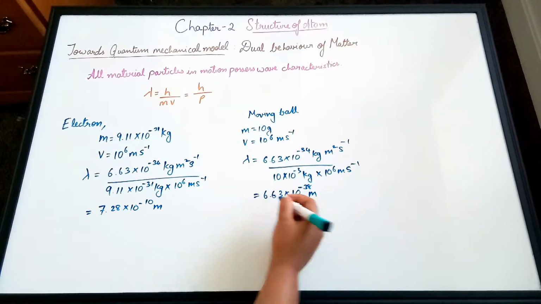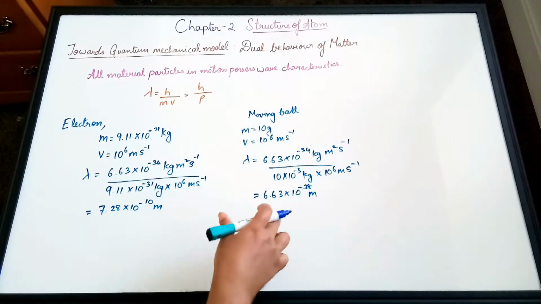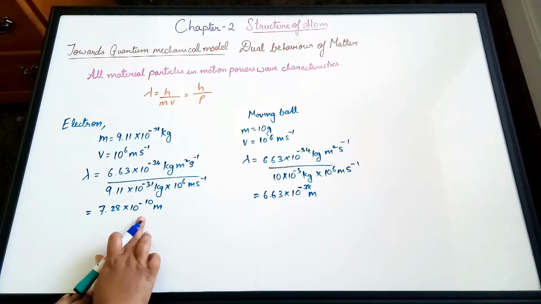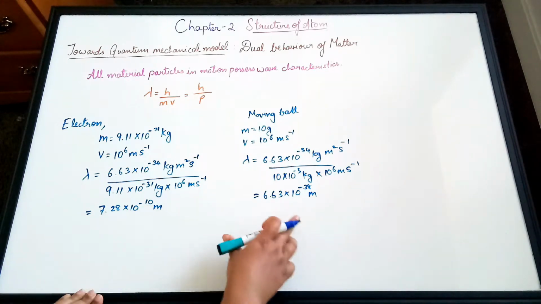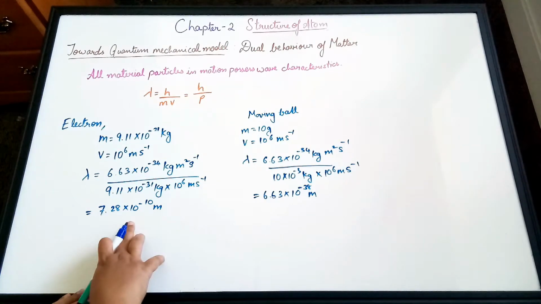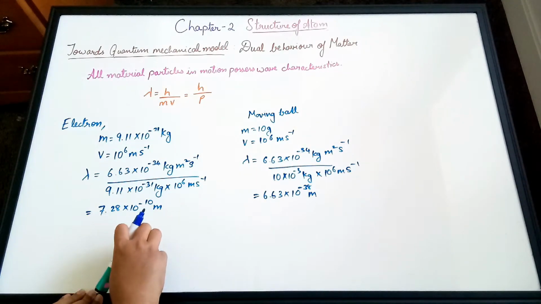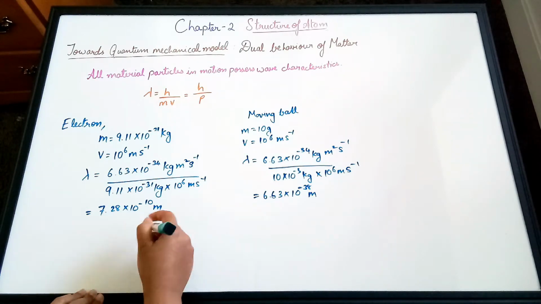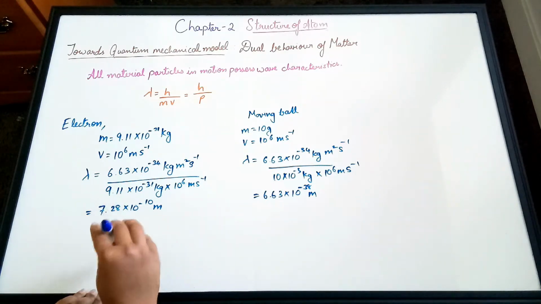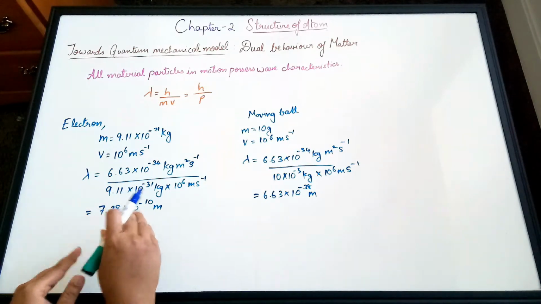Now, if you see the wavelength of this and this, this has 10 to the power minus 10, which is relatively higher than 10 to the power minus 38. Also, this particular value is actually measurable. We know that this particular value is almost similar to that of X-rays, and so the wave characteristic of the electron is observable.